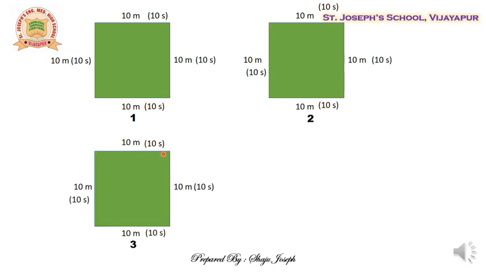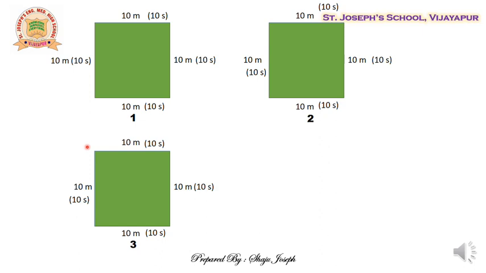Now let us look at one more round. If he goes the third round, he again comes back to his original position. This time, he again covers the same distance, 40 meters, in 40 seconds. So in total, he has already taken 120 seconds, which is nothing but 2 minutes.